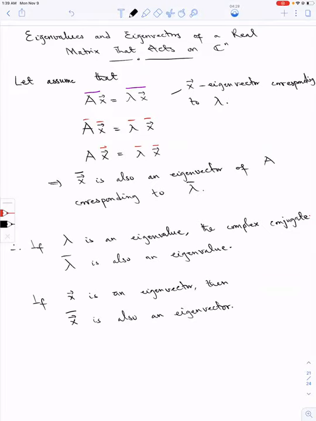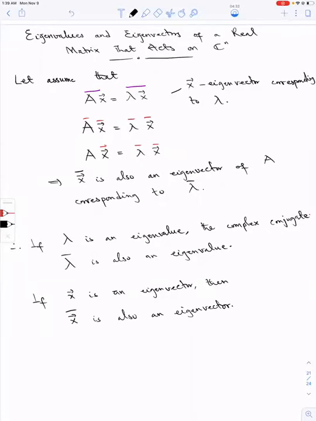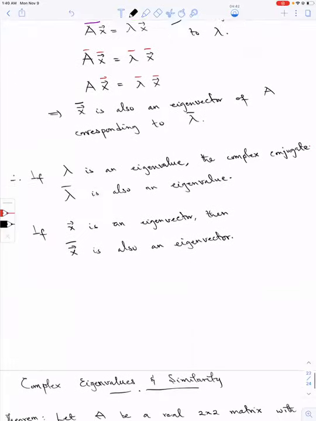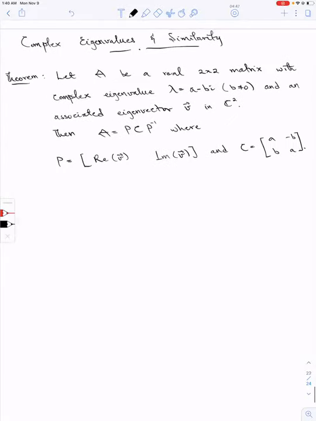Now, the process that we use to find the eigenvalues and eigenvectors in the complex plane is the same method as we've been using in the previous section. Now, one thing that we learned in the previous section was also similarity. So here, what will similarity even look like?